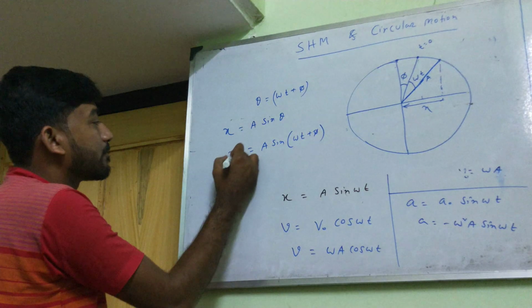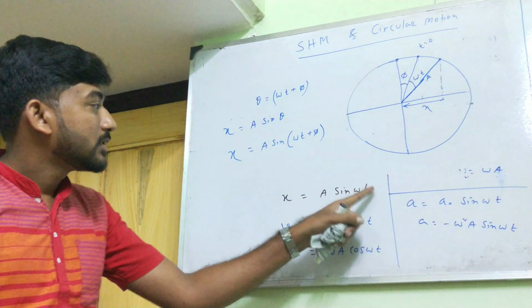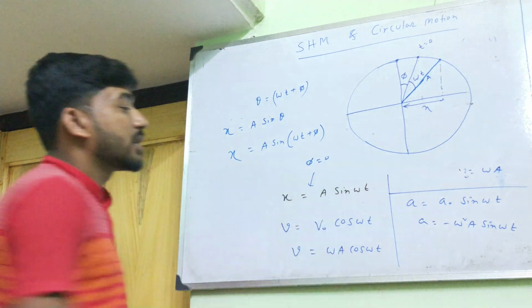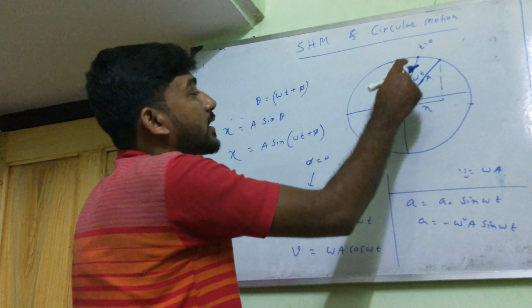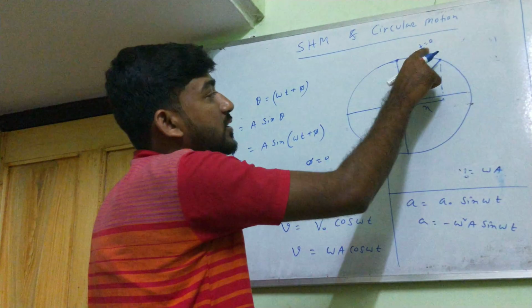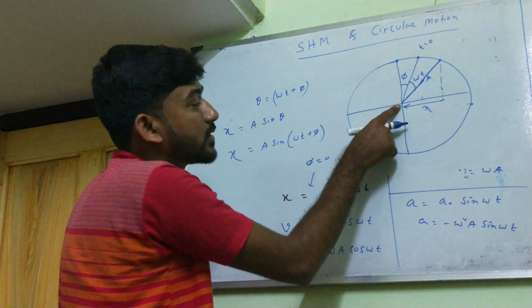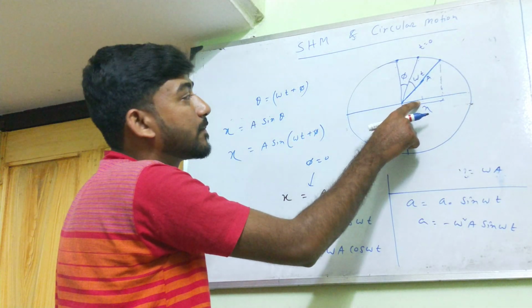Is it okay? So this is x equals A sin(omega t plus phi). But here this phi is 0, so the initial phase phi is 0 for this case. But if there is an initial phase, then at t equals 0 the particle will start from this point. If there is no initial phase, then the particle will start from this point. So the projection will be at that point, and here the initial projection is at that point. Okay. Thank you.